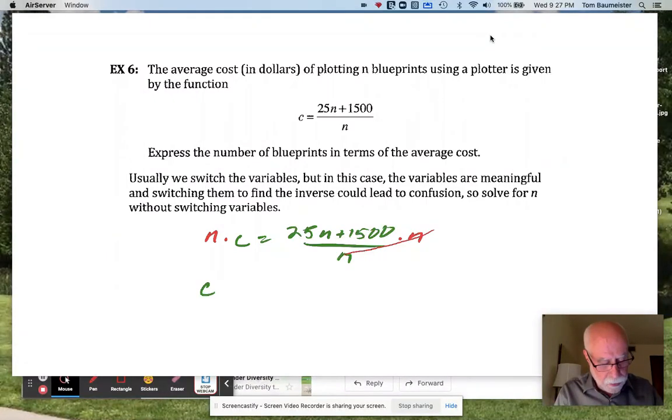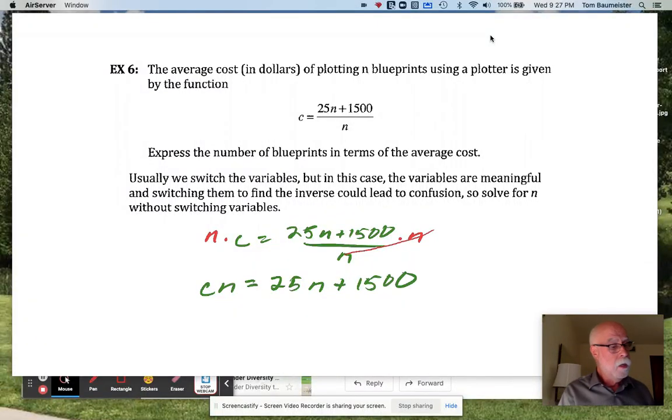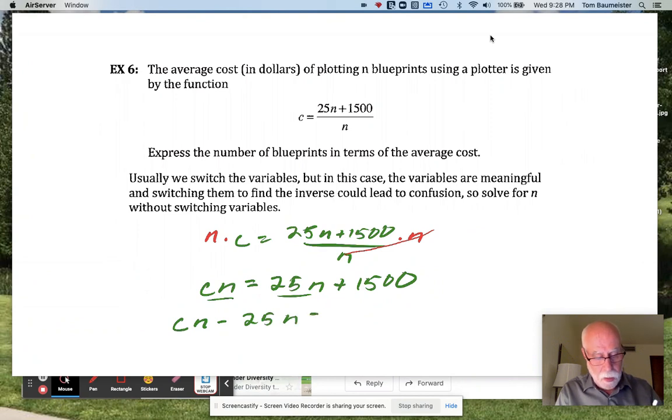So we're going to say that c times n is equal to 25n plus 1500. All right, now I have an n here, I have an n here. So I'm going to bring that 25n over to the other side. So I'll have c times n minus 25n is equal to 1,500.